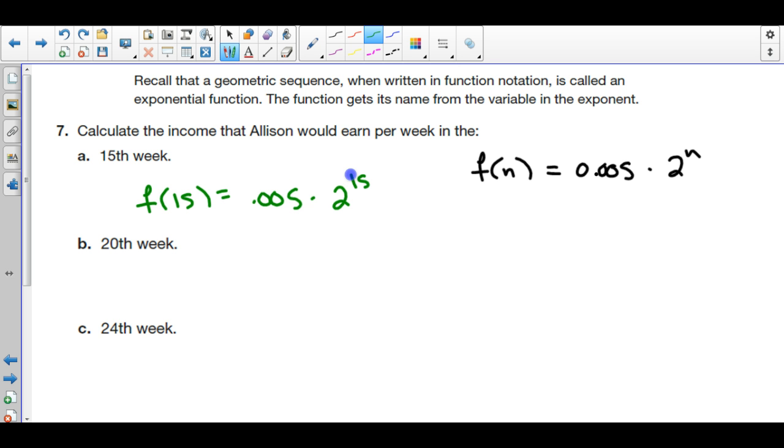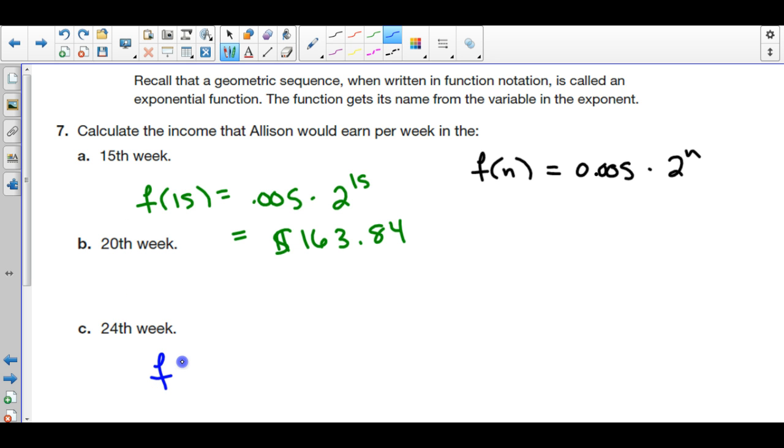And we'll put 15 up there. So one of the things to note about this that's really nice, since they're exponential, your calculator will do the order of operations for you. So you could just put in 0.005 times 2 to the 15th power, and it will give you an answer. And this comes out to $163.84.